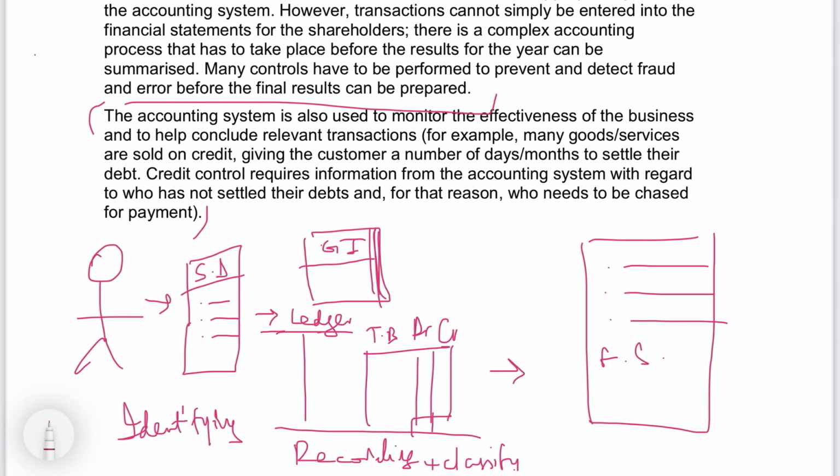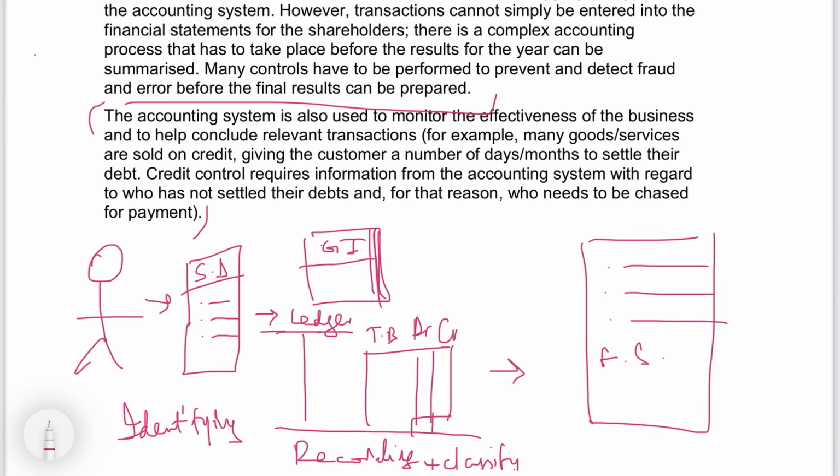Now let's understand this. The accounting system is also used to monitor the effectiveness of the business and to help conclude relevant transactions. Yes, the accounting system can be used as a monitor so owners and all the shareholders can easily check that all transactions are recorded in their right places.